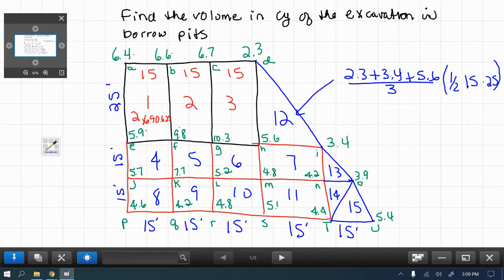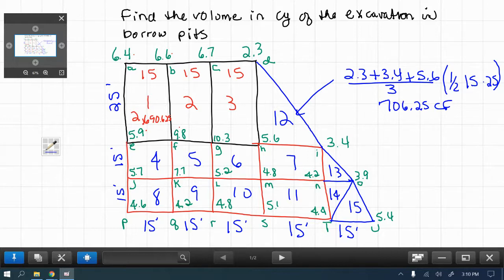So for that particular one, 2.3 plus 3.4 plus 5.6 divided by 3, multiply that times, I got 706. And that's a lot of work.